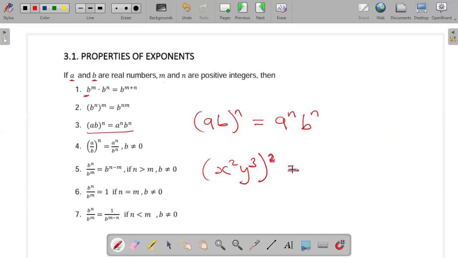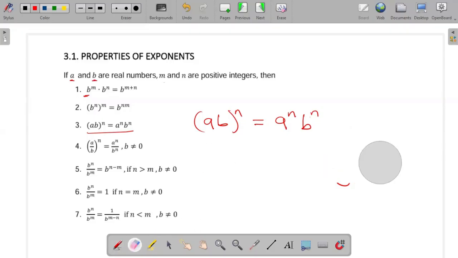So what this then means is I can multiply this 2 to the power of x, and also to the power of y. If I multiply 2 by 2, that will give me 4, so I have x to the power 4. Then I multiply the 2 by the 3 there, that gives me 6, so I'll have y to the power 6. So when we have two different numbers or two different bases like this, you can just distribute or multiply to each and every one in the exponent like that.